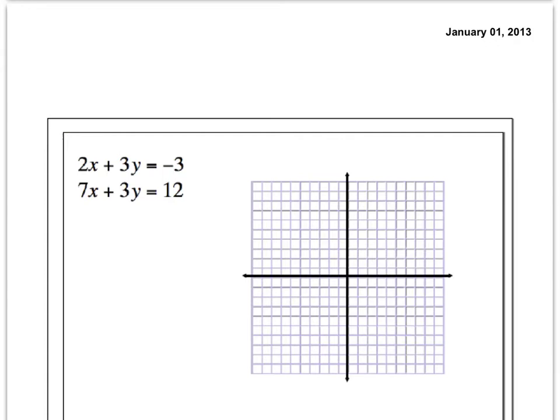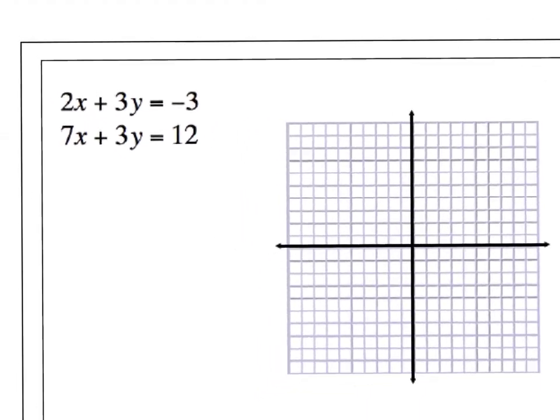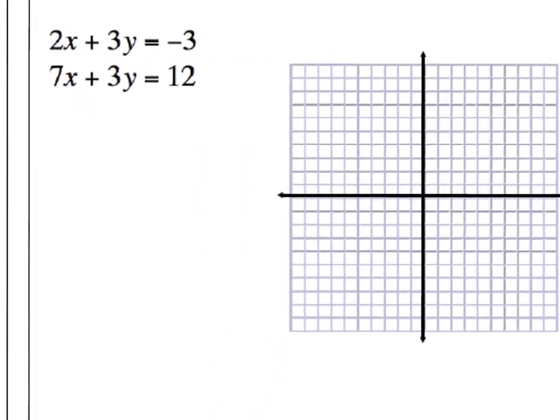So, gonna zoom in. We have to take this one part at a time. So what I'm gonna do is remember what I said before, that they have to be in y equals mx plus b form. So I'm gonna work on the first one. Star it right here. I'm gonna get that into the y equals mx plus b form. So I've got 2x plus 3y equaling negative 3.